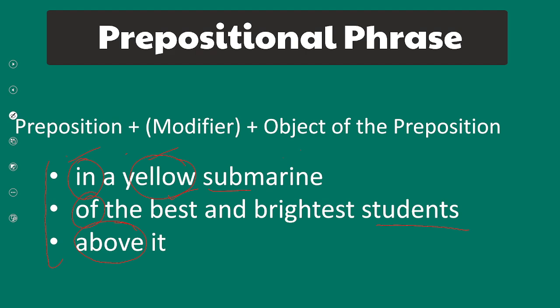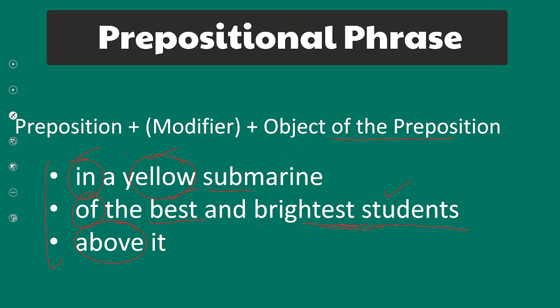Then in the next example, you start with the preposition, always, plus you can add any article, a, an, or the accordingly, and then your modifier, which is best over here, this is an adjective, and then you can add your object of the preposition, which is students or brightest students, these with a modifier.